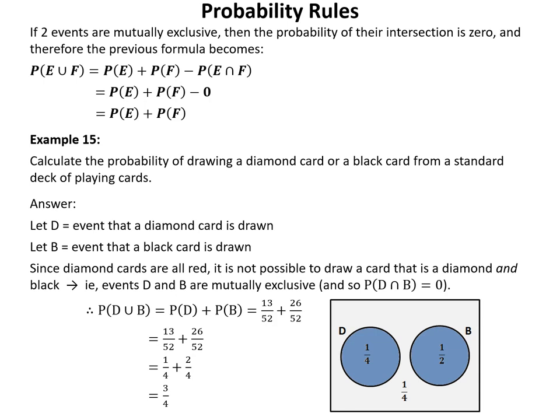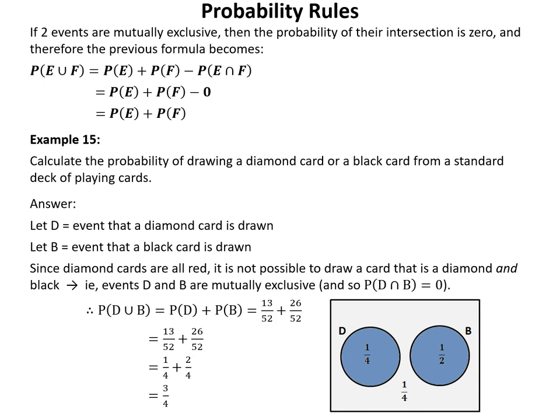In example 15, we're asked to calculate the probability of drawing a diamond card or a black card from a standard deck of playing cards. So if we define our events as D equals the event of drawing a diamond card and B equals the event of drawing a black card, since diamond cards are all red, it's not possible to draw a card that is diamond and black.